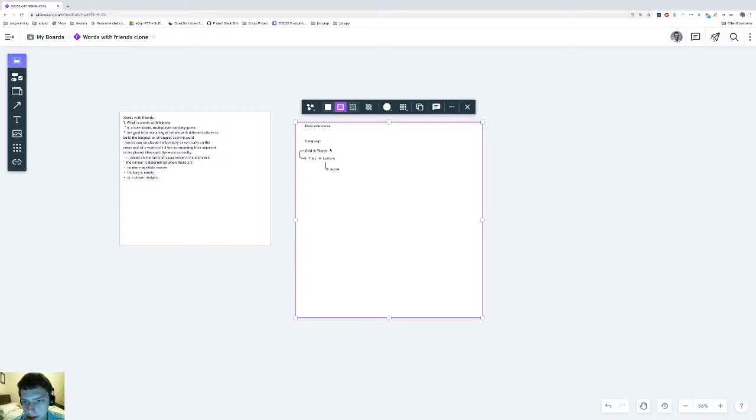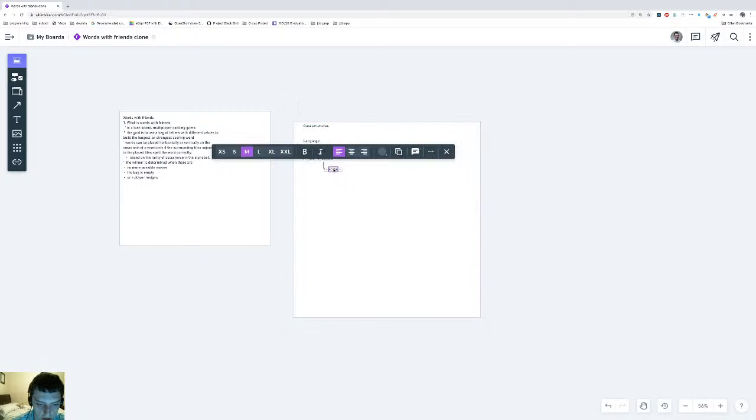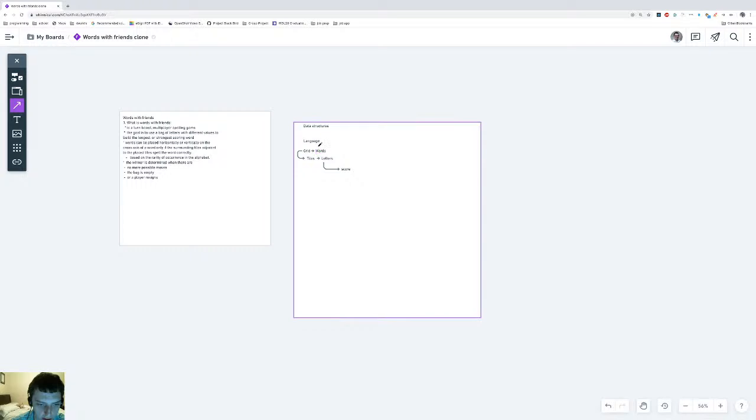We'll just start simple. So each letter has a score, and the words have a score based on the letters.